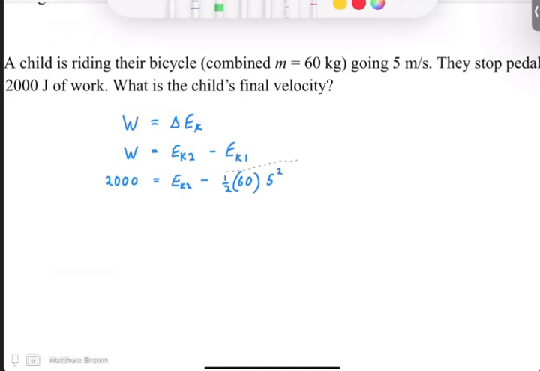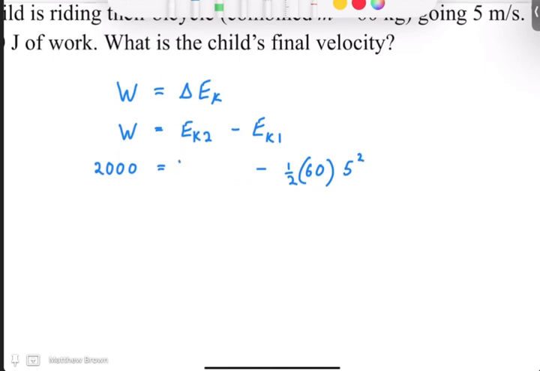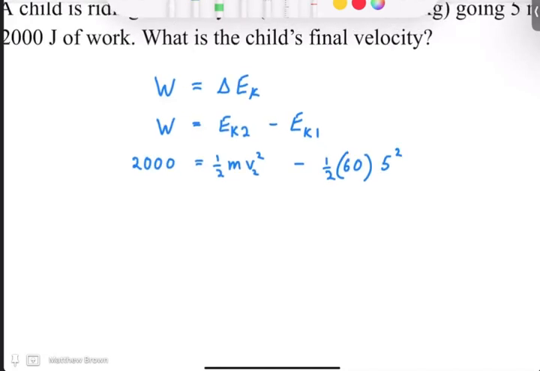We actually want EK2, so I can write that as 1/2 m v2 squared. Because really that's the only thing I want. I want v2, so I might as well just put it all into an equation like this. I can multiply everything by 2, which cancels those out. Oh, I should have written this as 60, since I know the actual mass.